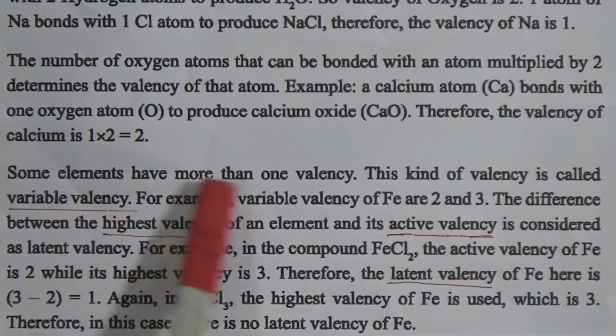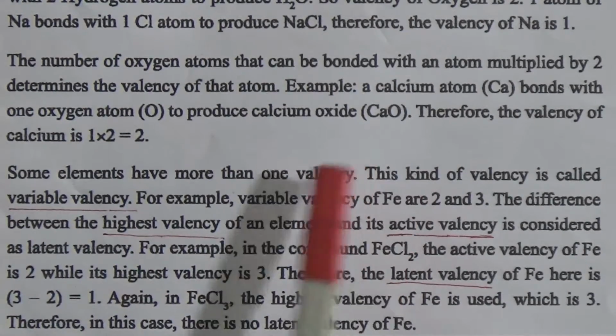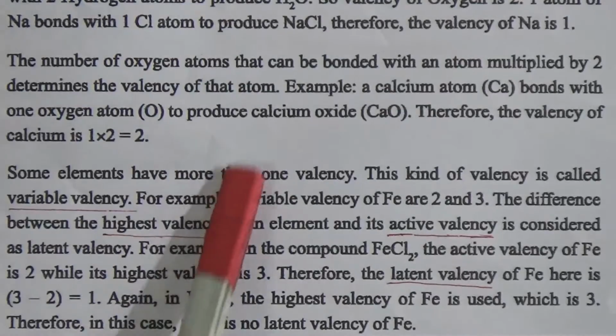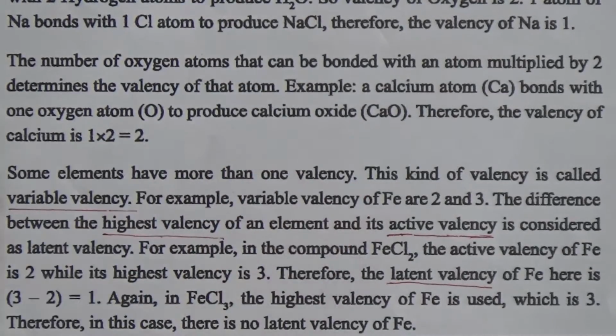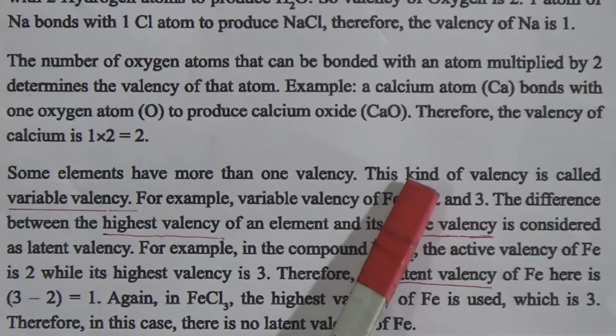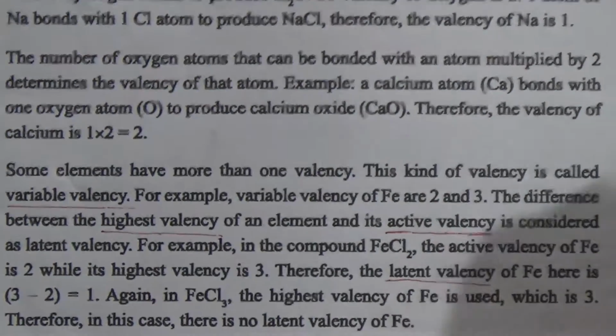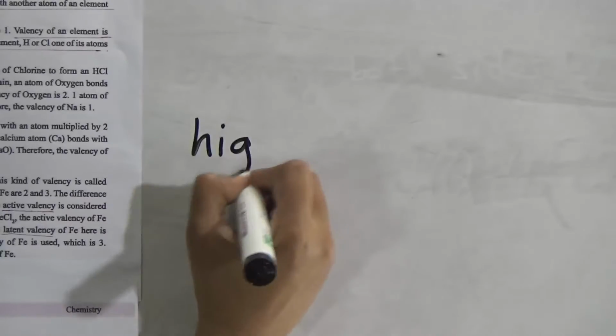Some elements have more than 1 valency, and there are 4 kinds of valency. Some elements have only 1 valency. Here is written how many kinds of valency: 4. There are 4 kinds of valency. First one is highest valency.